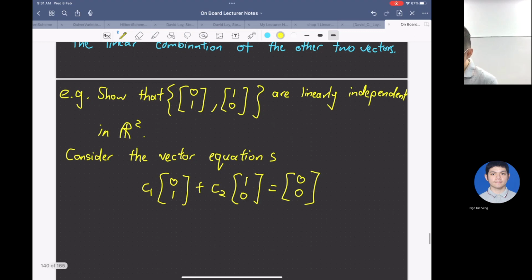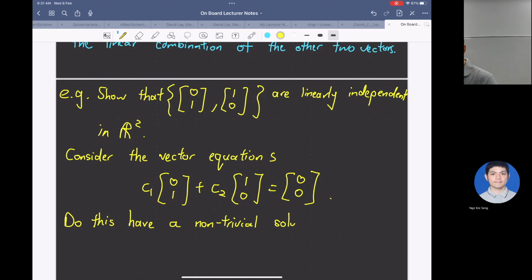So the question is, does this have a non-trivial solution?